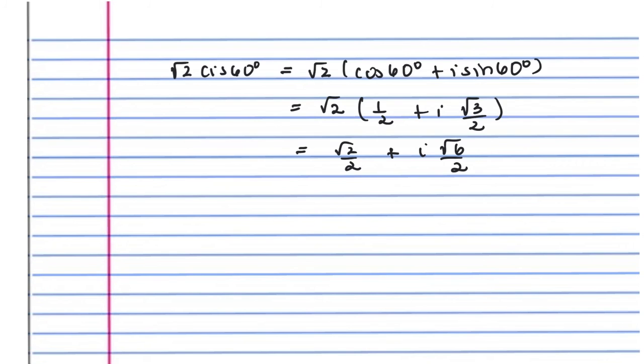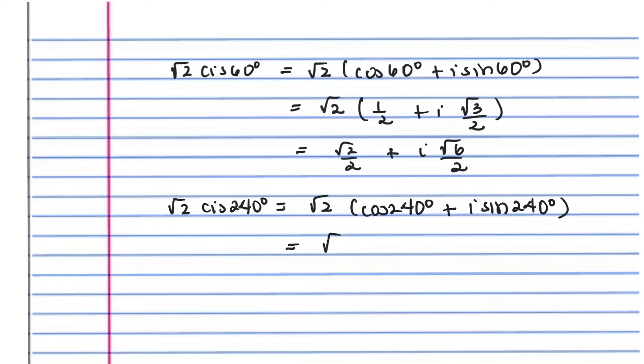Let's do root 2 cis 240. So root 2 cis 240 is equal to root 2 times cosine of 240 plus i sine of 240 degrees.